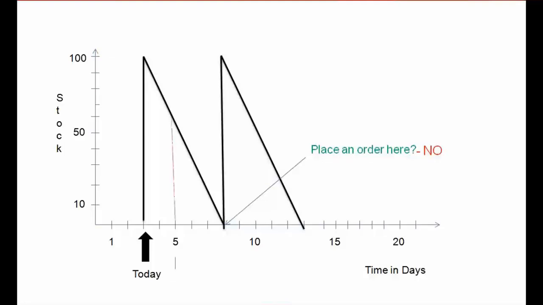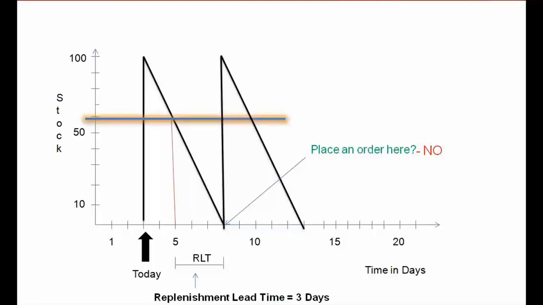In that case, what we call it is RLT, replenishment lead time. We will be placing an order 3 days ahead. This is one thing which is known as replenishment lead time. Second thing we need to know is that we can set up that whenever the stock is 60 pieces, we should place an order.